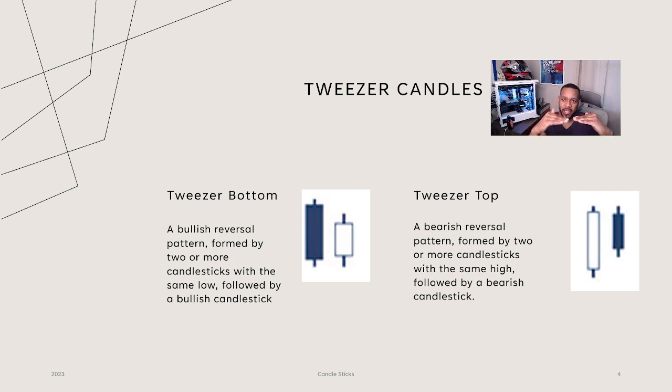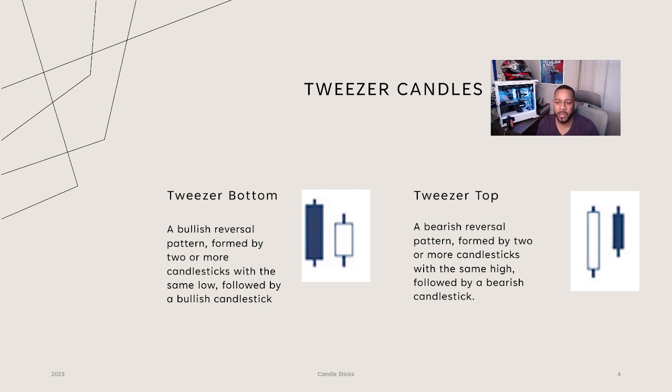That next bullish candle, it starts at that same low, right? Let's say price will go down, and then it'll go all the way up, and then it'll close at the top, right? But they both have the same low. So it's a bearish candle to a bullish, and that's a tweezer bottom.